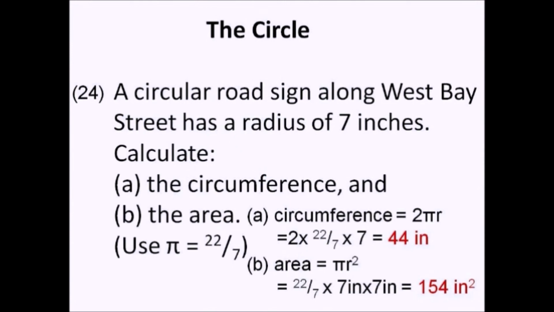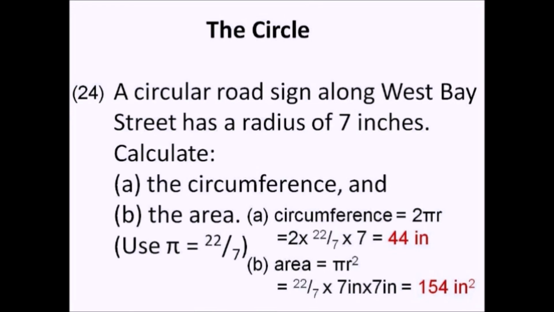And number 24, the circle. The circumference, I gave you the formula, guys. No reason to get that wrong. They gave you the radius, so use 2 pi r. So it's 2 times 22 over 7 times 7, 44. The area was 22 over 7 times 7 times 7, 154 square inches. You have to put square inches for area, or you do not get full marks.